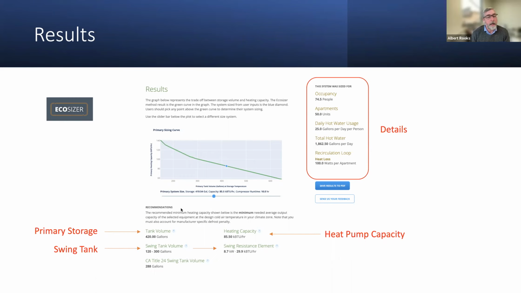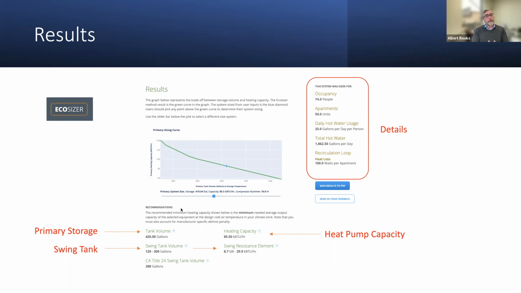So it's saying I need heat pump capacity of 85.5 kBTU an hour to match that 419. And it's telling me, in your building, sir, to deliver that 419 gallons to match those conditions, the compressor runtime at 85.5 kBTU an hour is 16 hours.